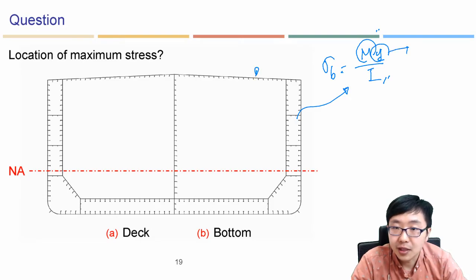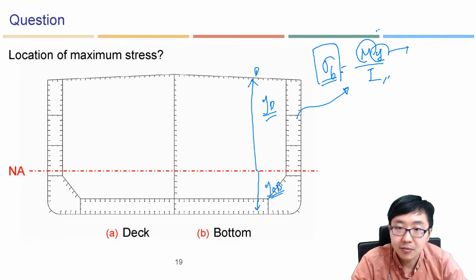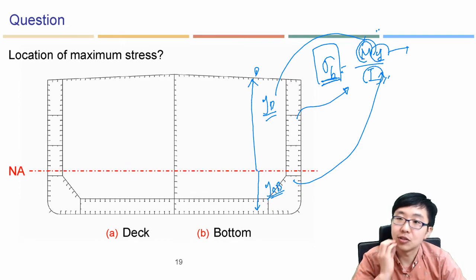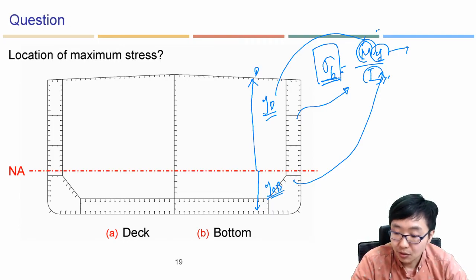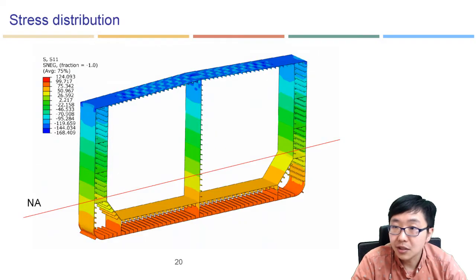In the case of the deck, this is the distance to the deck. This is the distance to the outer bottom. Of course, this length is longer than this. So in the case of stress level, you can think about it: I and M are constant, and you can think about which one will be higher. All right, or you can see the answer here.